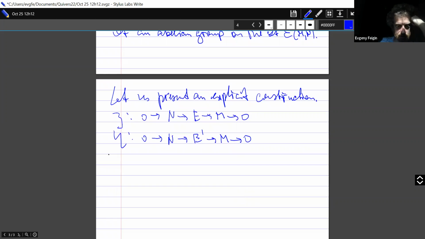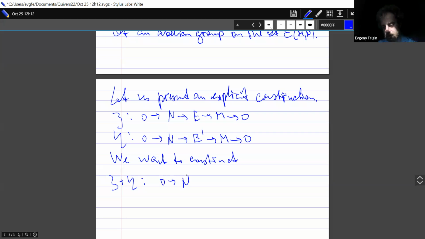And then we want to construct something which we call xi plus eta, and this is of the form 0 to n to E double prime to m.